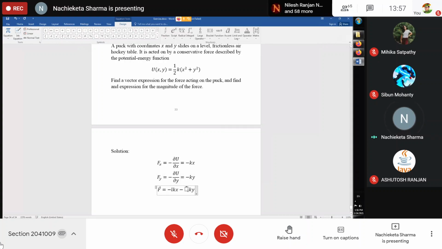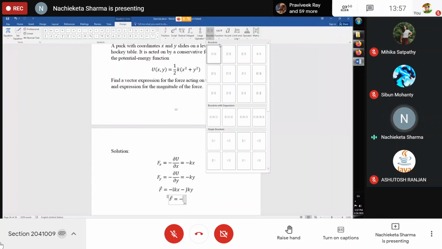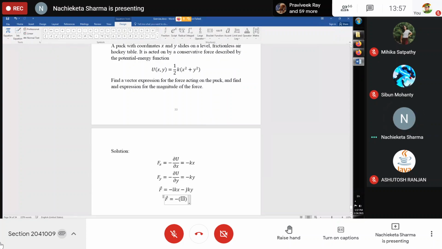With a little readjustment of the terms, I can take this minus common and put a bracket, and k I can take common as well.